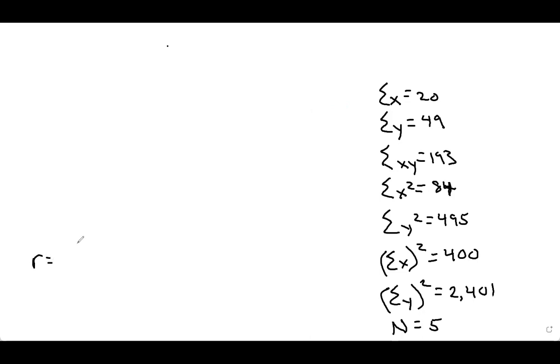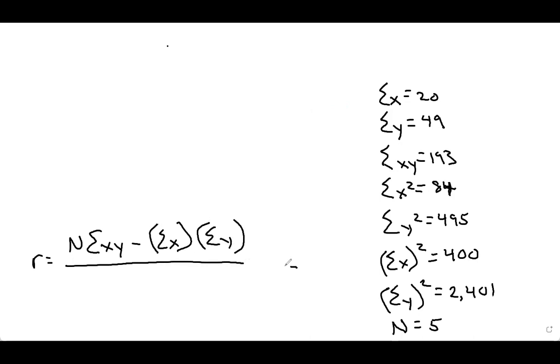So R is going to equal n times the sum of XY, minus the sum of X times the sum of Y, over the square root of brackets, n times the sum of X squared minus the sum of X, which is squared.